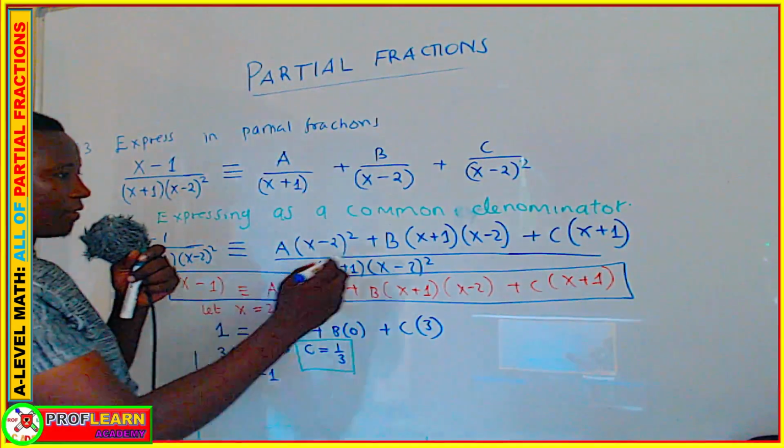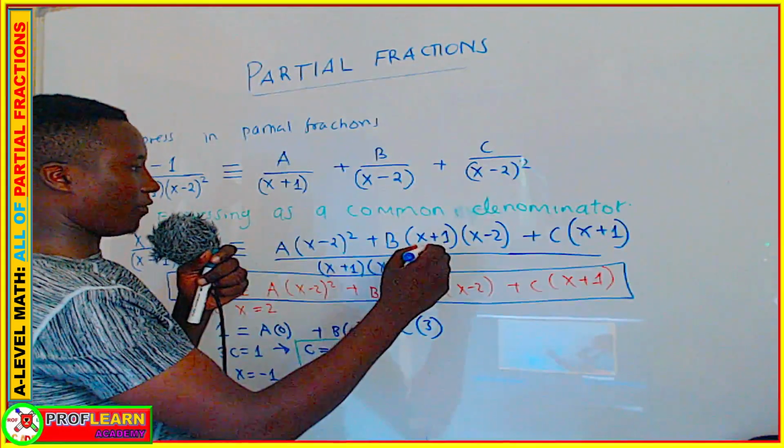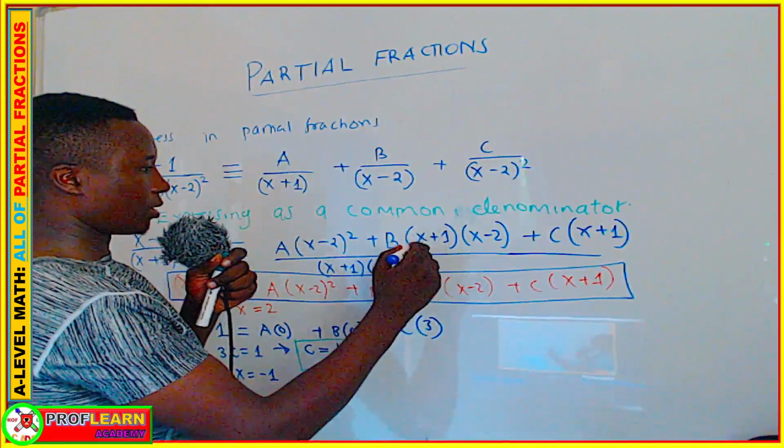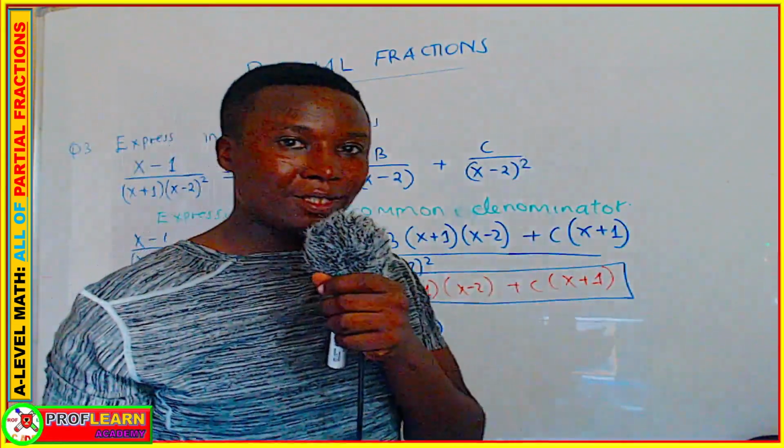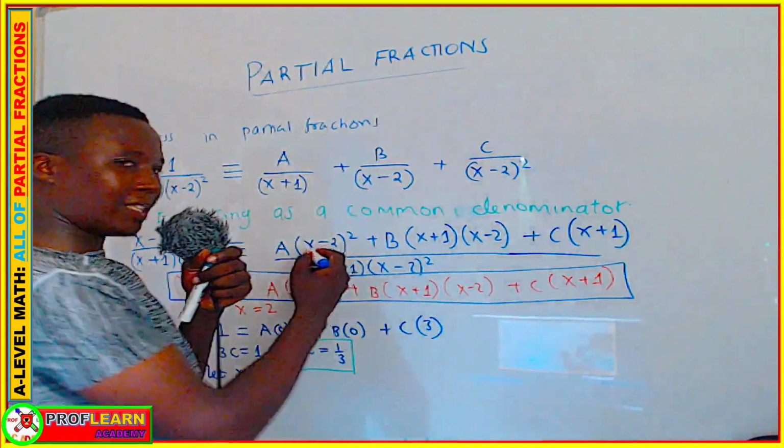In that way, we are going to eliminate the constants b and c, because we shall have 0 at this point, and we'll be in a position of finding a.